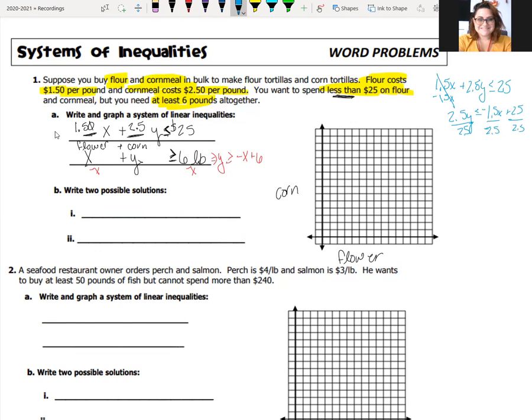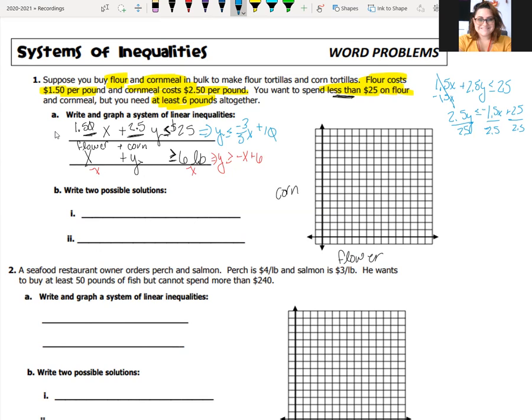Negative 1.5 divided by 2.5 is going to give us 0.6, or we like fractions more, 3/5. Negative 3/5 x. And what is 25 divided by 2.5? I believe it's 10. It is 10. Now we have our equations.